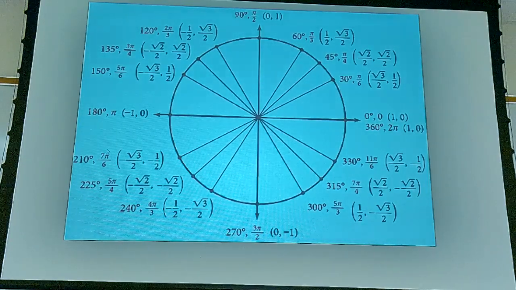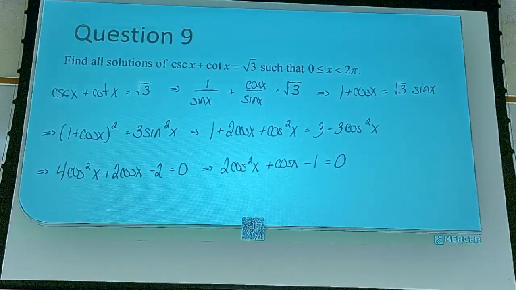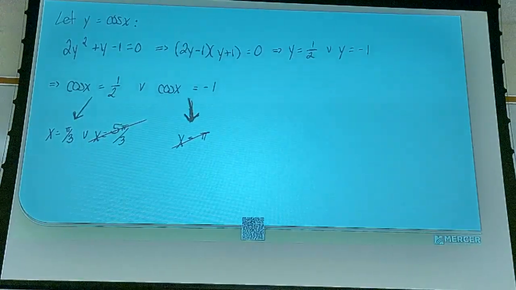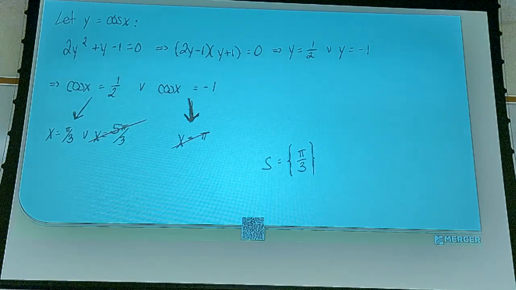What's the square root of 9? 3. It would be 3 over 2. Which is exactly what we said the other side was. 3/2 equals 3/2. Pi over 3 is the solution. That's the only solution.